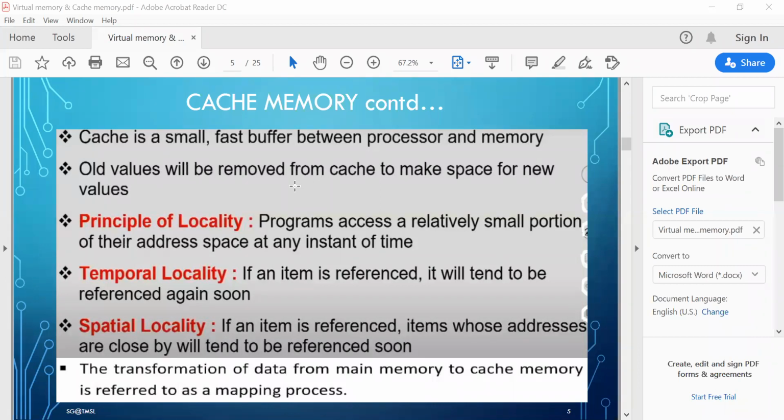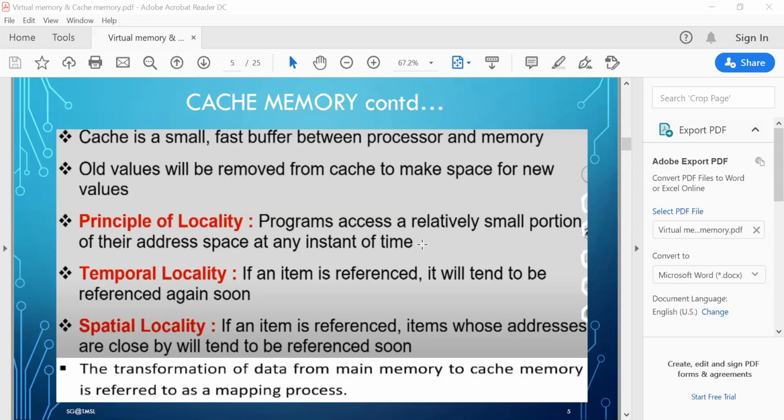Here it is given that programs access a relatively small portion of their address space at any instant of time. So certain areas have to be repeatedly executed. And there are two types of locality of reference, namely temporal locality and spatial locality.